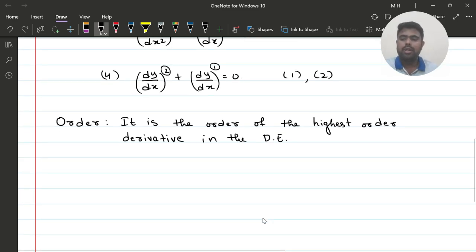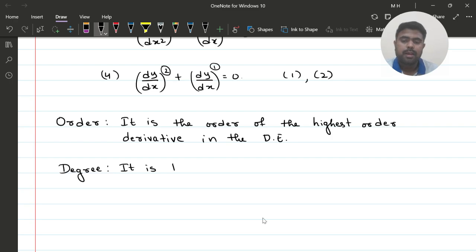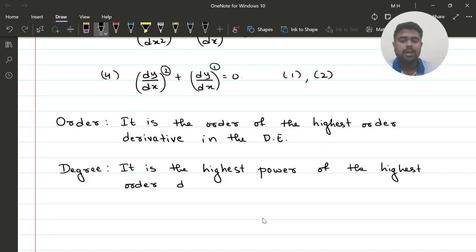And what about the degree? The degree of a differential equation is the highest power of the highest order derivative in the differential equation.